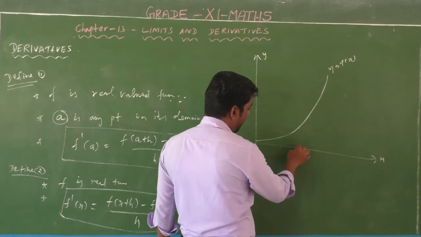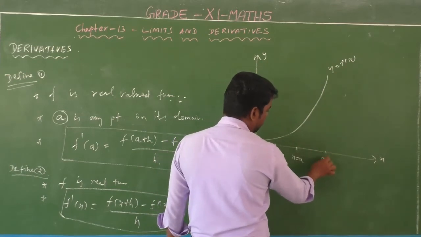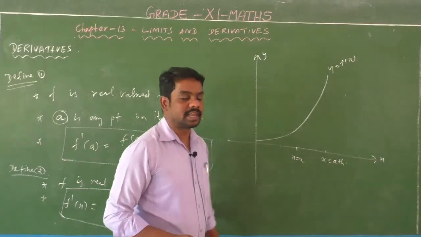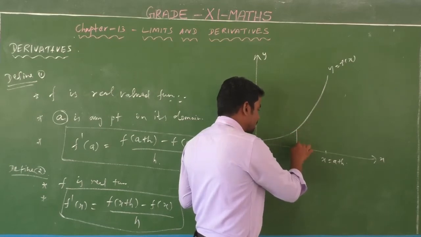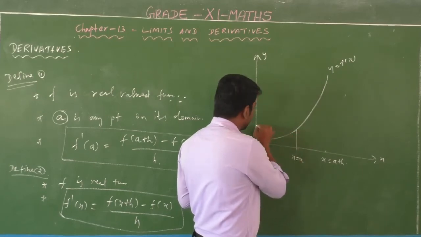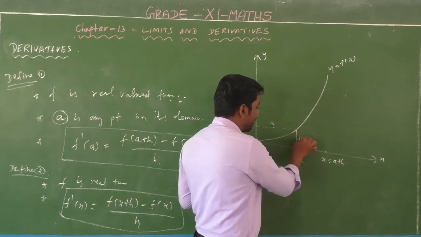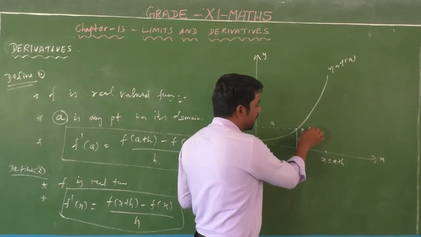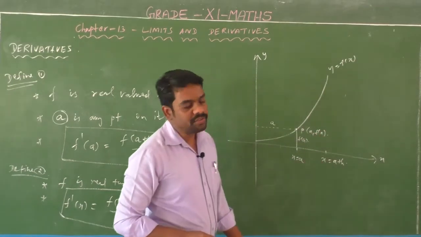Let x equal to a, and x equal to a plus h. By horizontal distance, this is x equal to a, and the vertical value, this is f of a. This coordinate point is considered as P. So P is a comma f of a.